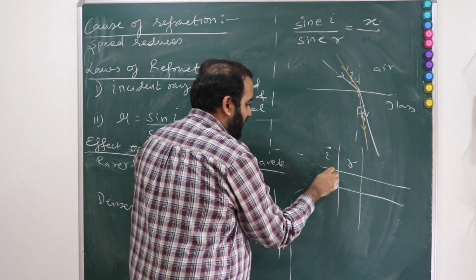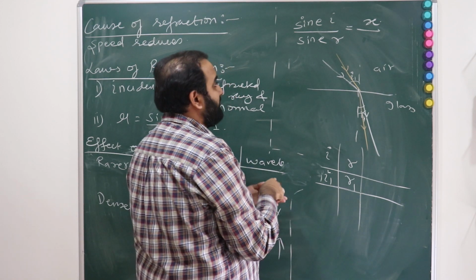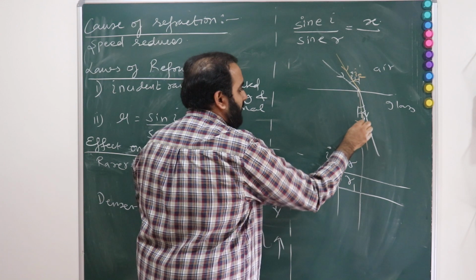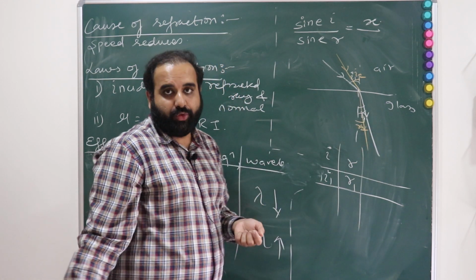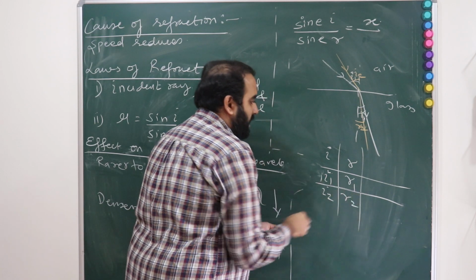Here the value was I1 and here the value was R1. Now for the second case, I am taking the values as I2 and R2.